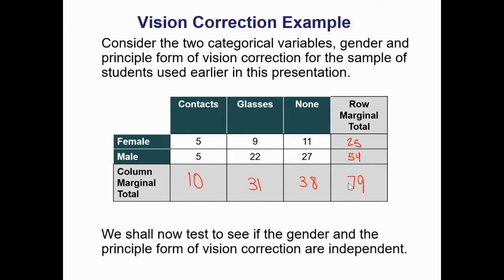Before we do that, they tell us we need to test to see if gender and principal form of vision correction are independent. So this time they tell us we are testing for independence. There's no how do we figure it out. Well, they tell us. Test to see if they're independent.